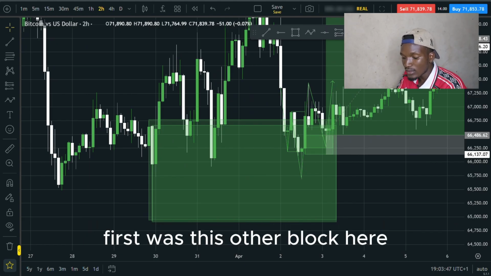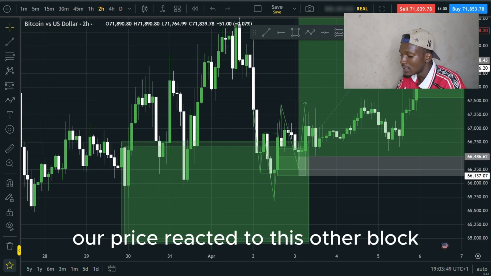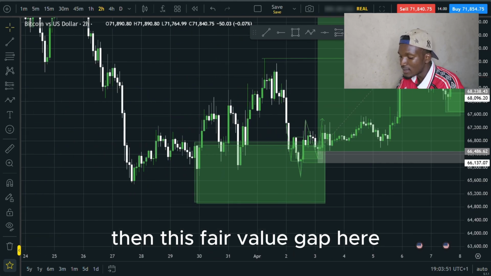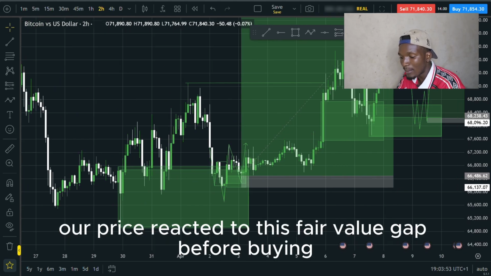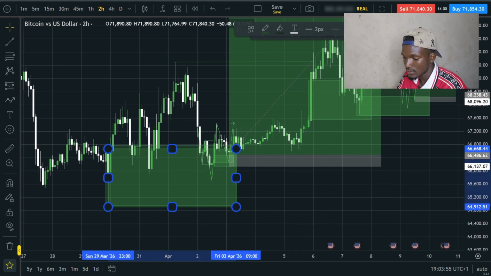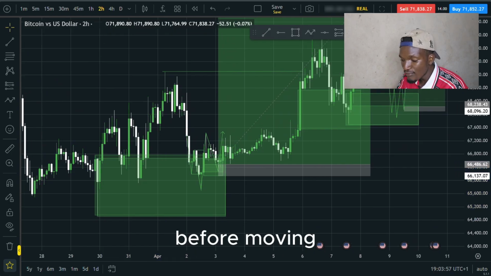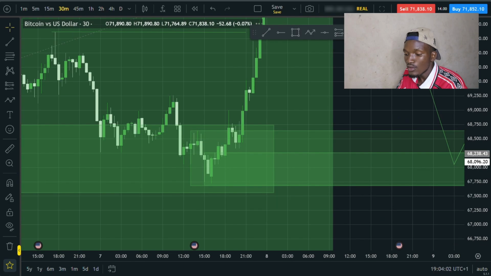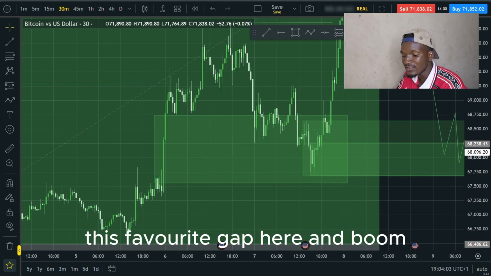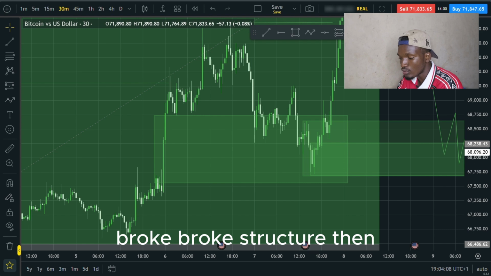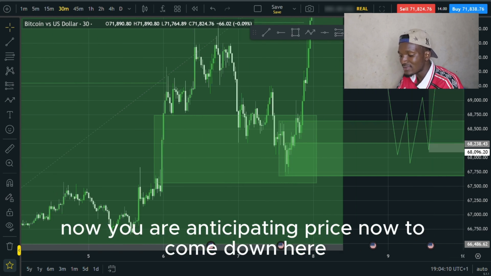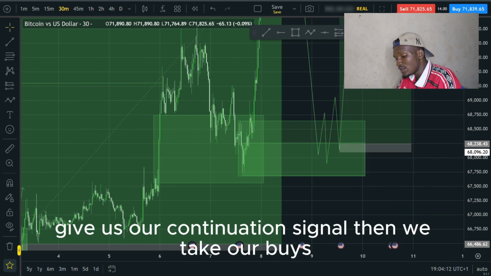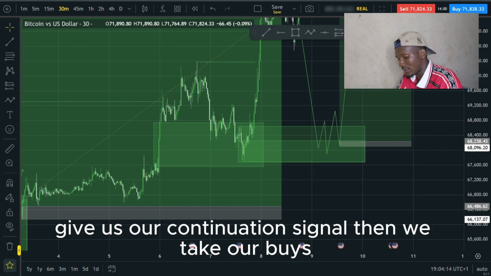First was this order block here, then this fair value gap here, how price reacted before moving. Because see, price filled this order block and this fair value gap here, and boom, broke structure. Then now we are anticipating price to come down here, give us our continuation signal, then we take our buys.